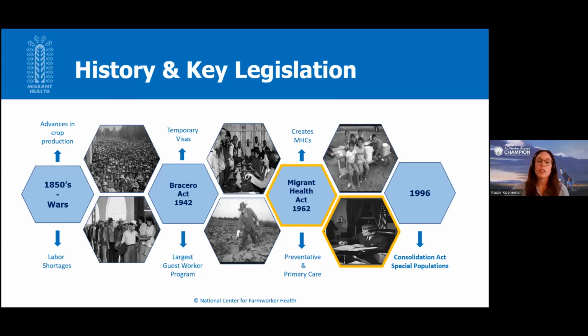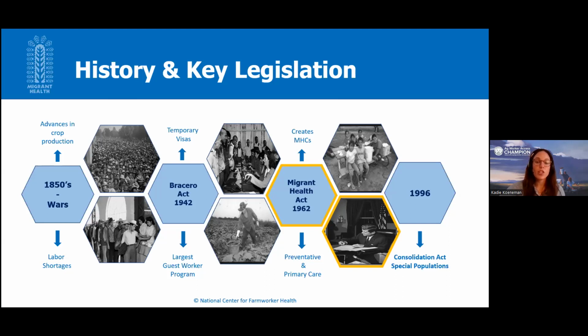So in 1996, Congress approved the Health Center Consolidation Act, which authorized the consolidation of migrant, Section 329, community, Section 330, and homeless, Section 340 sections of the Public Health Act to be all under the umbrella of 330 programs.